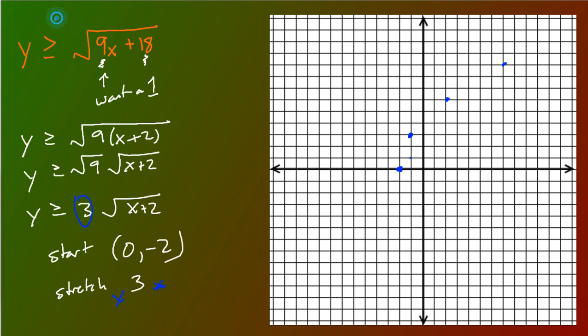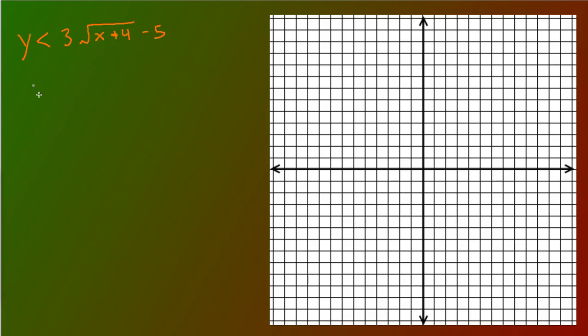And this is going to be a solid line because it can be equal to. So solid. All right, and I shade above this. Okay, going on.